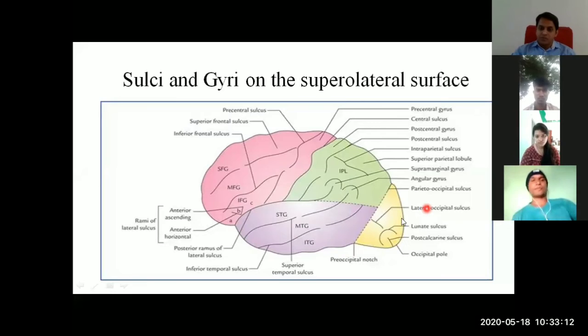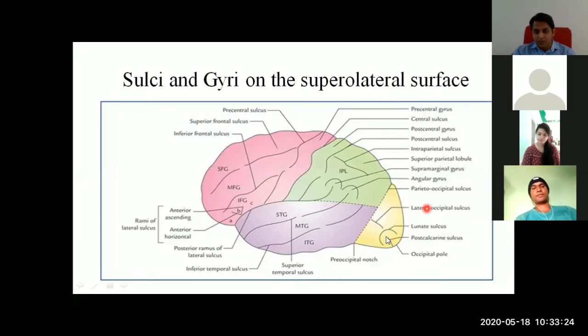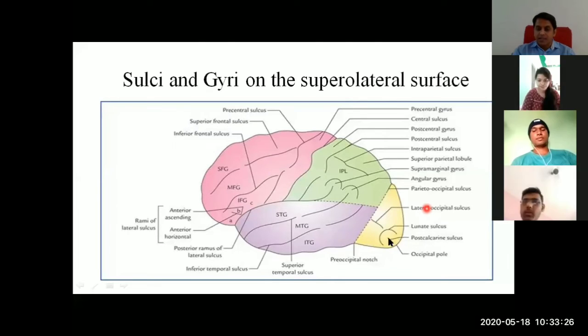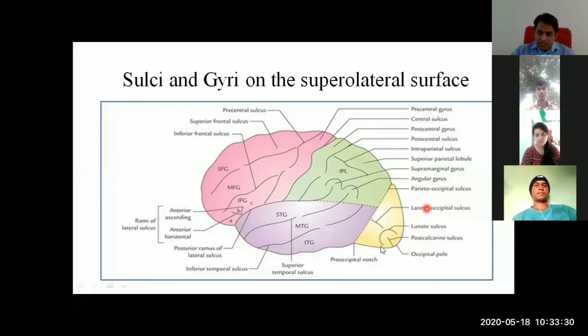Now let us come to the occipital lobe. Along the occipital lobe, the major sulcus which comes like an axis from the occipital pole is the post-calcarine sulcus, and as I said before, this acts as the axial sulcus. Surrounding it, the moon-like area is called the lunate sulcus.